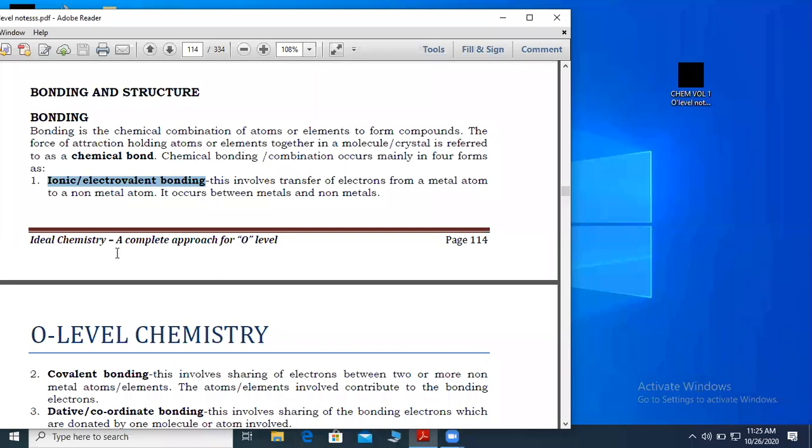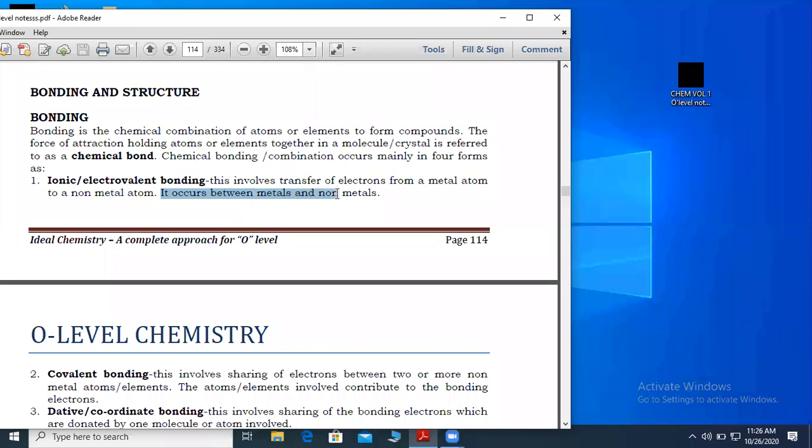Metals have 1, 2, 3 electrons in the outermost shell. Then non-metals have 5, 6, 7 electrons in the outermost shell. So in ionic bonding, it involves transfer of electrons from a metal atom to a non-metal. Another name for ionic bonding is just electrovalent bonding.